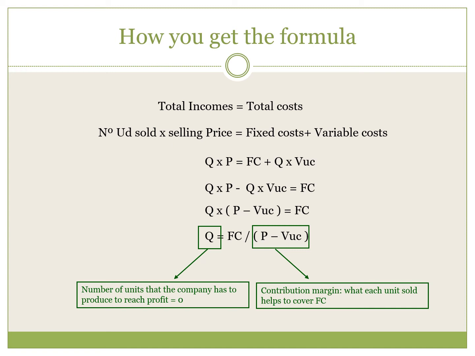And this is what each unit sold helps to cover of the fixed cost that we have on top. Okay, so every unit that the company sells has to help to cover not only total variable cost for that unit, but also part of the fixed cost.